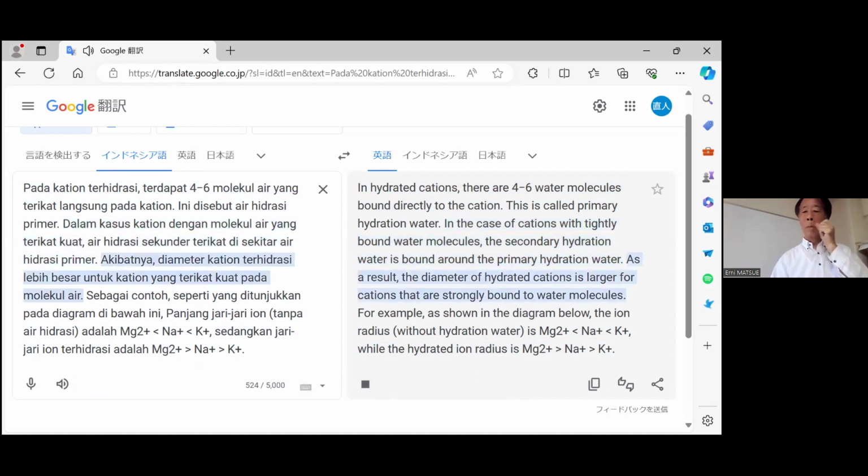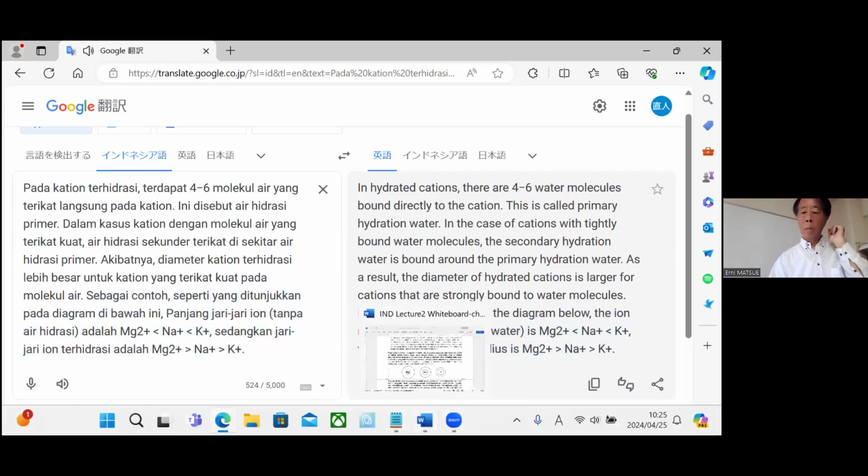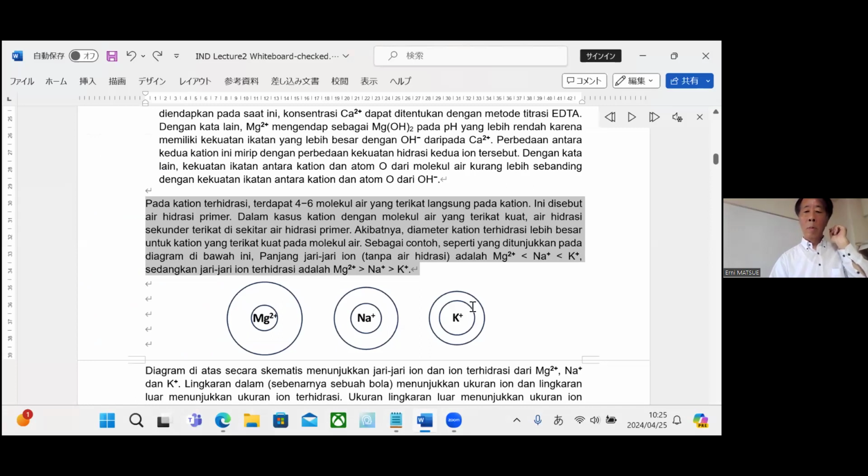As a result, the diameter of hydrated cations is larger for cations that are strongly bound to water molecules. For example, as shown in the diagram below, the ion radius, without hydration water, is Mg2+ < Na+ < K+, while the hydrated ion radius is Mg2+ > Na+ > K+.